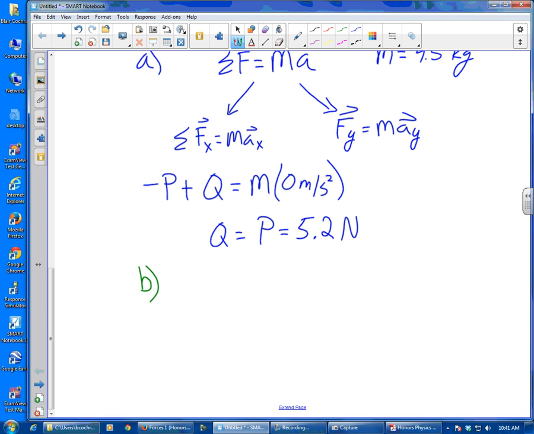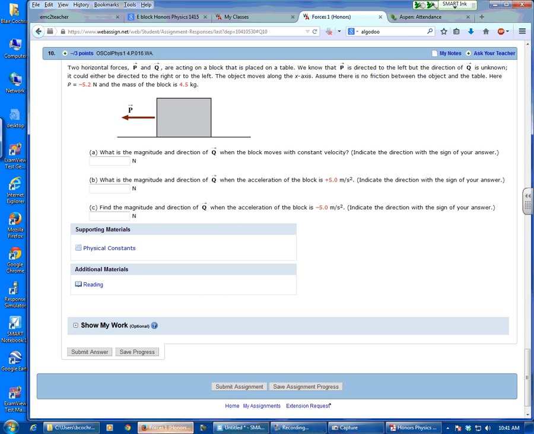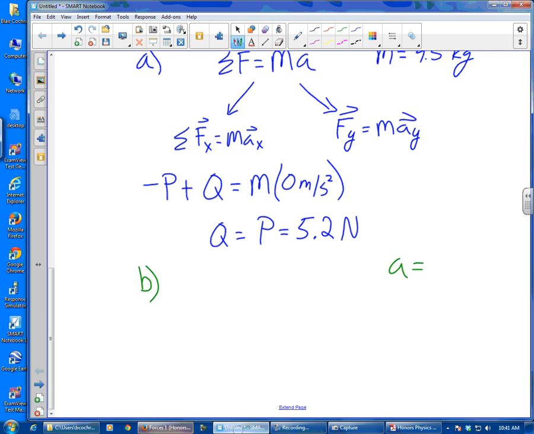Moving on to B. In B, the facts that they give me is my acceleration is 5.0 meters per second squared. My inertia is still 4.5 kilograms. I'm pretty confident that I'm only going to need the x direction, so I'm going to start with my one equation. Sum of the forces in the x equals ma.